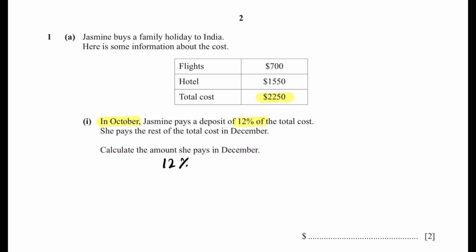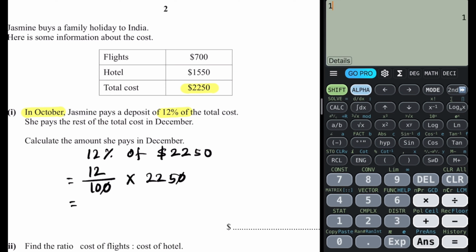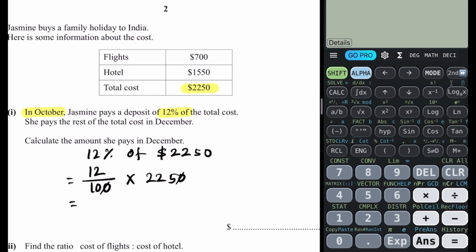12% of $2,250. If we simplify this, 2250, then 12 into 225 divided by 100, that is 270.